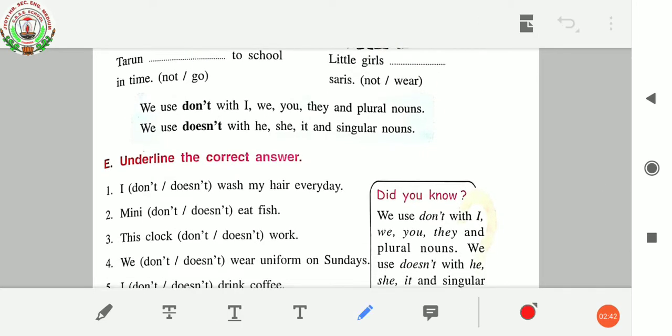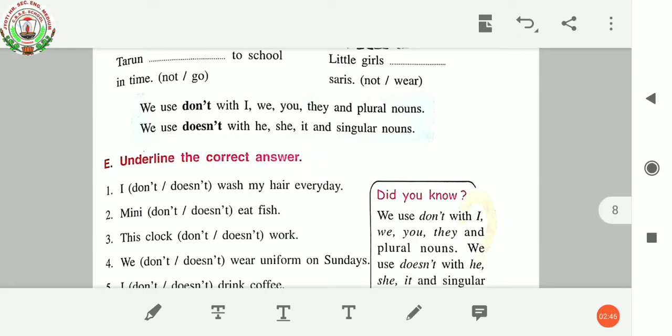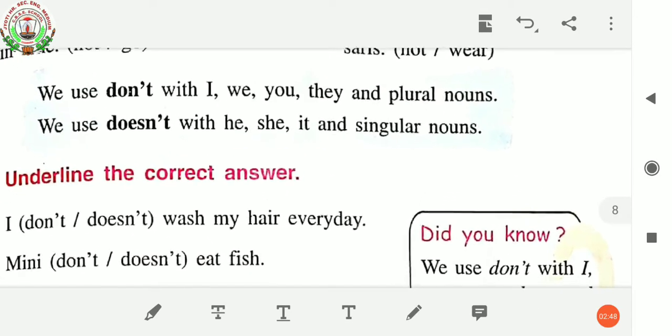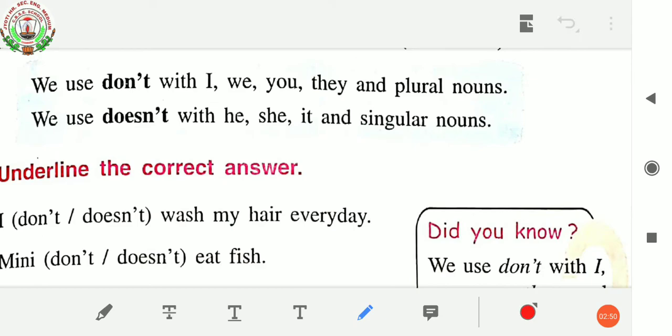let us see where to use don't and where to use doesn't. Look at this sentence. We use don't with I, we, you, they, and plural nouns. You know what plural nouns are?